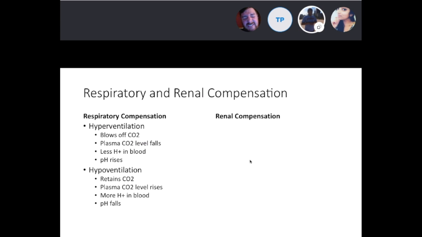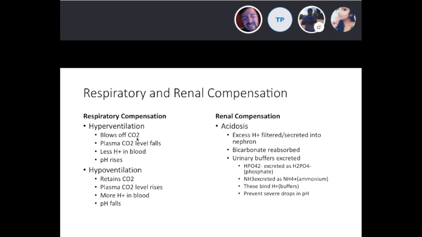Or we hypoventilate, where we retain CO2, and plasma CO2 levels will rise, so you get more hydrogen in the blood, and your pH will fall. So the first one, when you hyperventilate and blow off CO2, is your acidosis compensation. And the second one, where you hypoventilate, is your alkalosis compensation. Does that make sense?